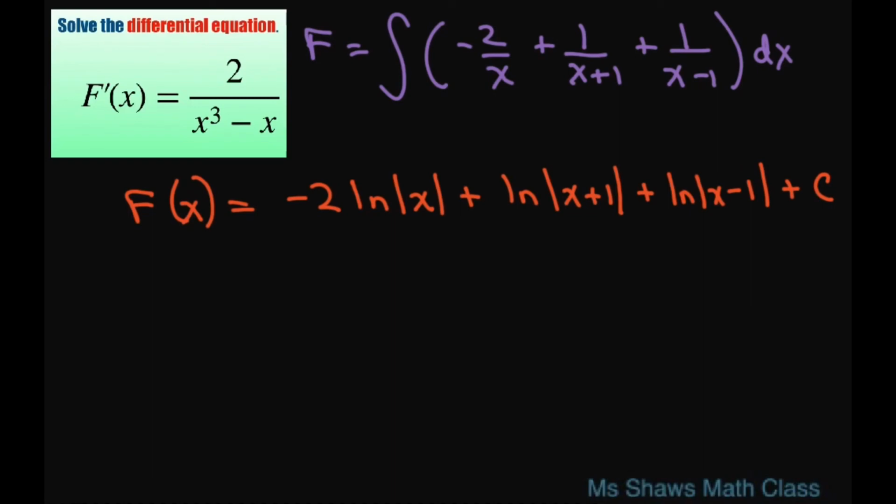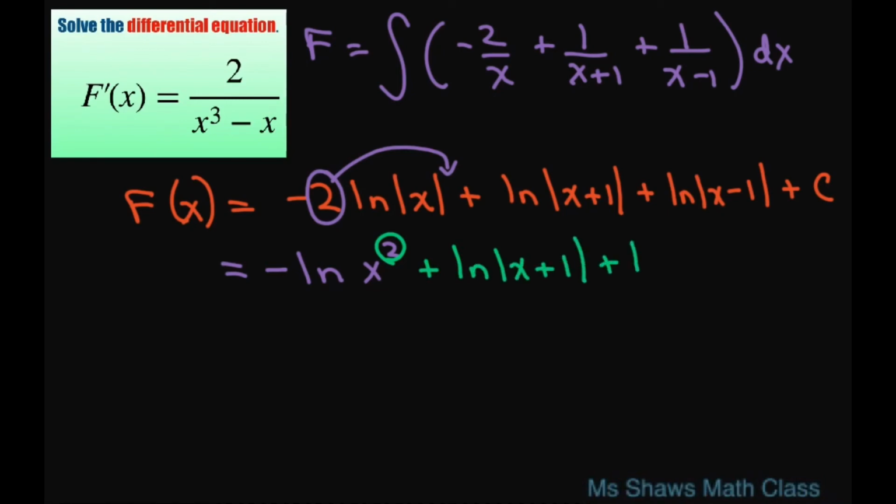And the next step is just to move this 2 using your power property of logs. So that's going to give you negative ln. And once you do that, you can take away the absolute value because this is an even power. And then the rest we're just copying down.